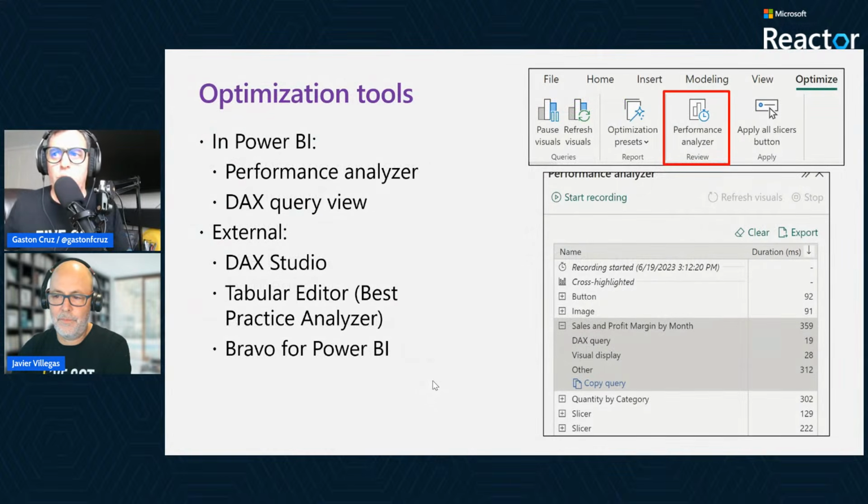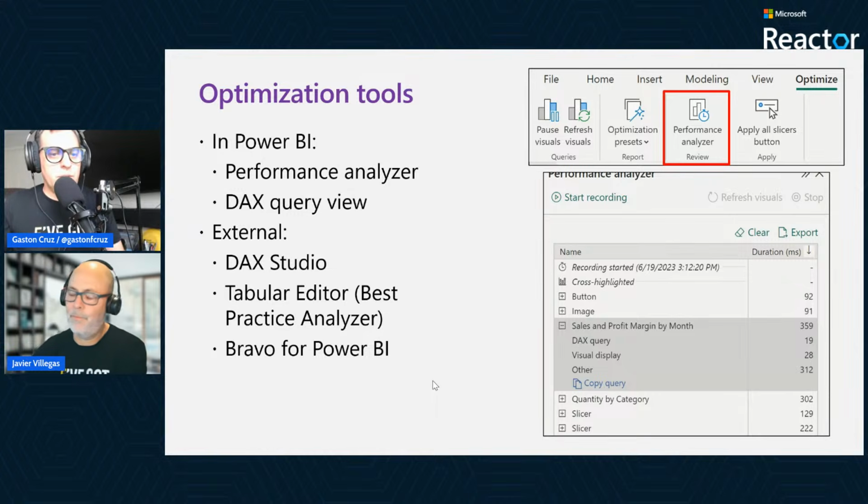Some of the optimization tools that we mentioned before, you can start with Performance Analyzer. That is totally out of the box. Every time you download the Power BI Desktop experience, you have that Optimize tab at the top of your screen, you have the Performance Analyzer, and you can see exactly what are the milliseconds that every single report, every single visual takes to load.